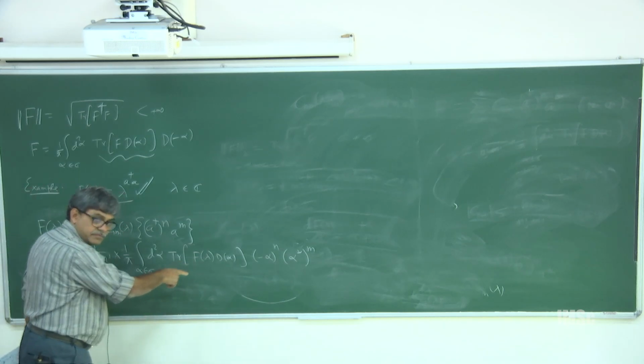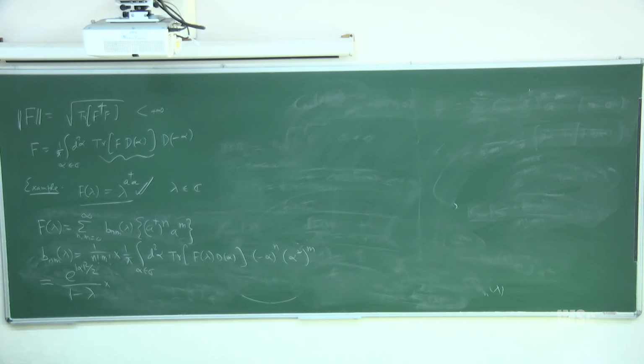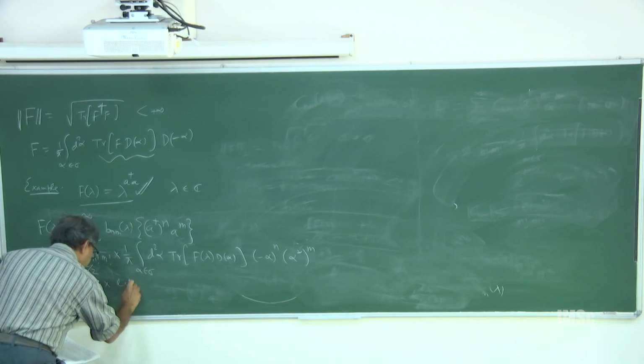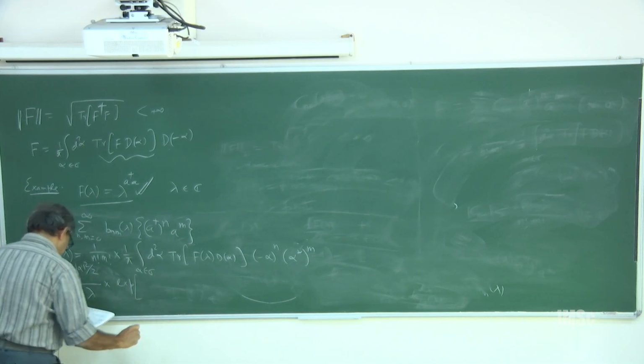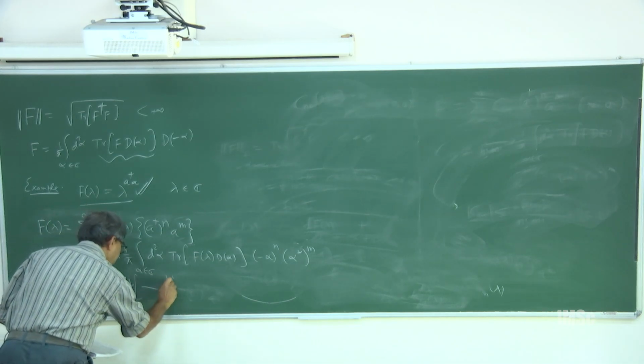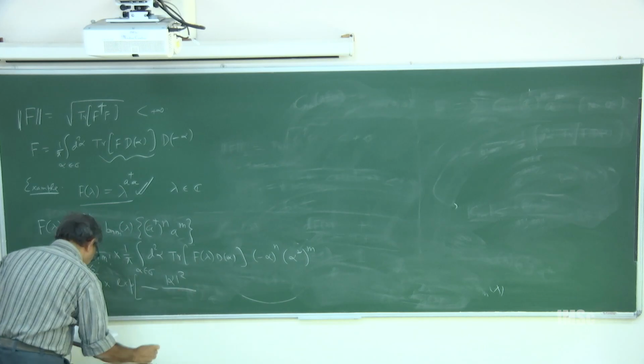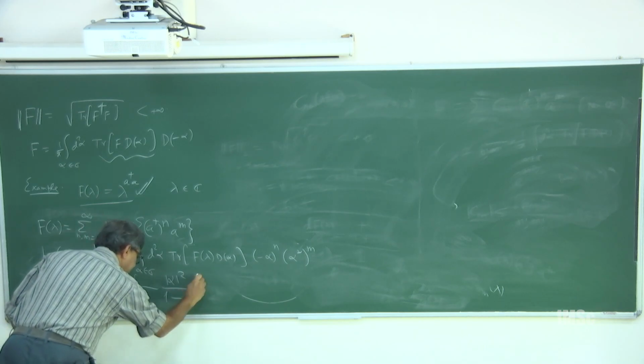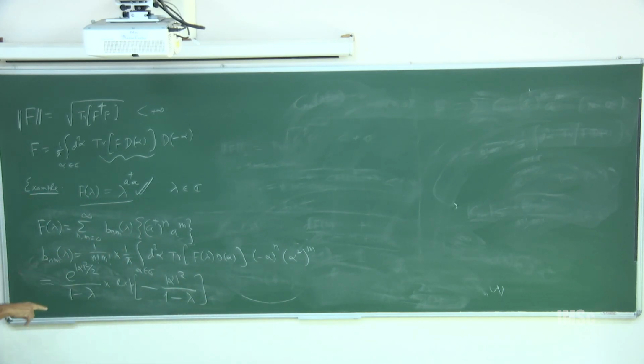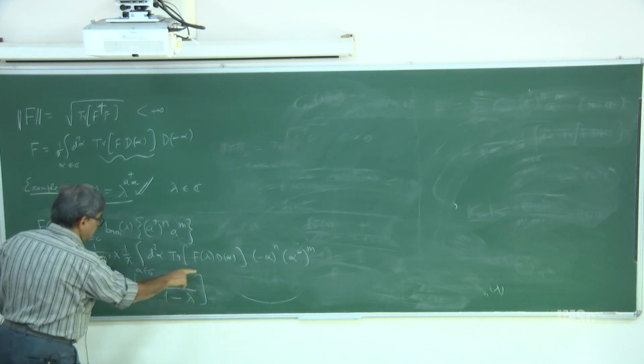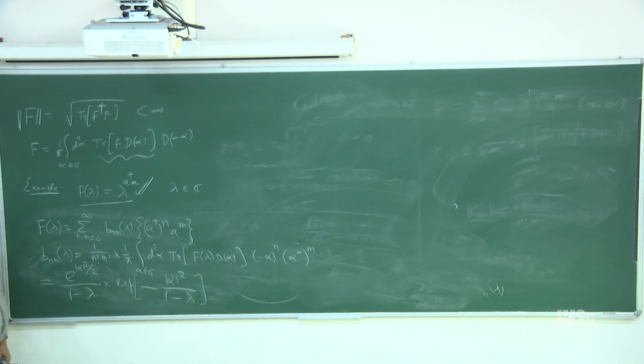So this is exponential of minus mod alpha square divided by 1 minus lambda. If you do this calculation with this form, this is what you will get.